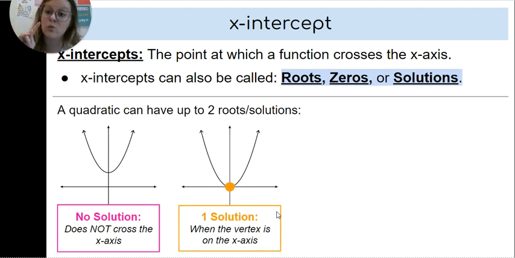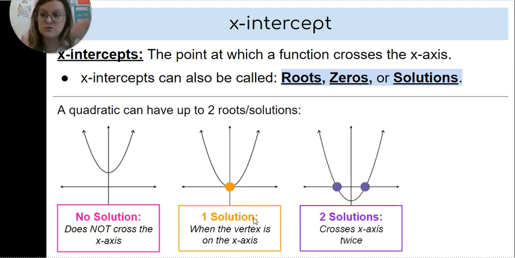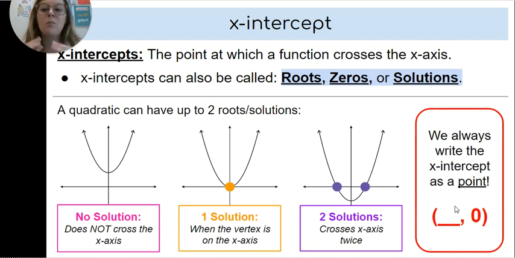Sometimes it can hit it only once, so this would be 1 solution, and then obviously we could have 2 solutions if it crosses twice. So just know that you could have any of those options, and because we're talking about a point, remember we have to write it x comma y, so in this case we could say maybe this is negative 2 comma 0, or this is 2 comma 0. So remember the 0 goes second in your x-intercept.